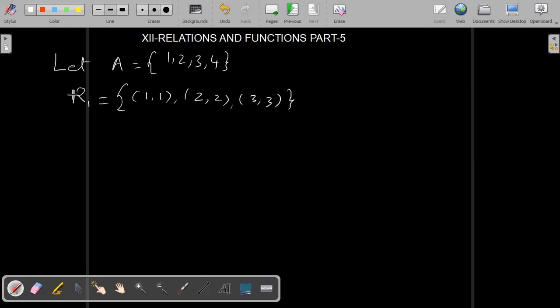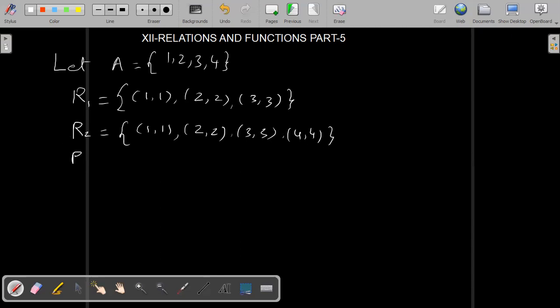And let R2 be a relation which has the elements (1, 1), (2, 2), (3, 3), and (4, 4).